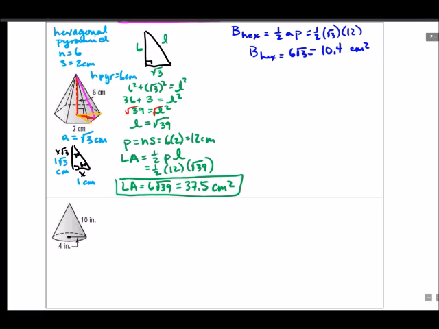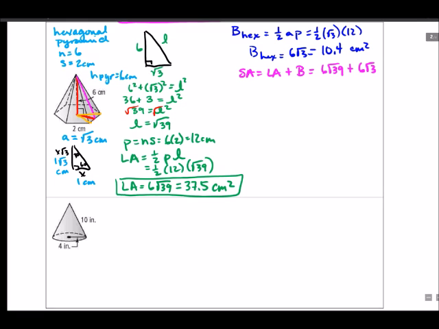And surface area is just lateral area plus 1 base. My lateral area is 6 square root 39 plus the area of my base is 6 square root 3. If I wanted to leave that in simplest radical form, that is how I would leave it.